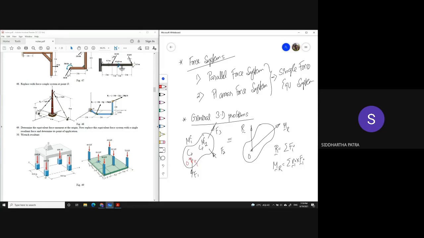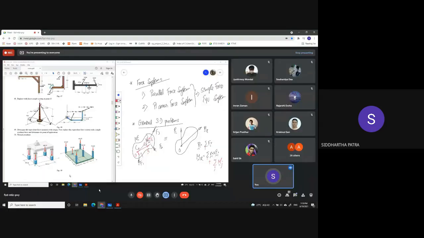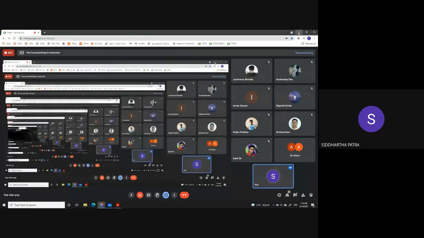So this is R1, this is R2, R3, and so on, and plus all the moments that are there. Okay, that we know we can easily do. Not easily, but simply. So that can be obtained for any general 3D force system.